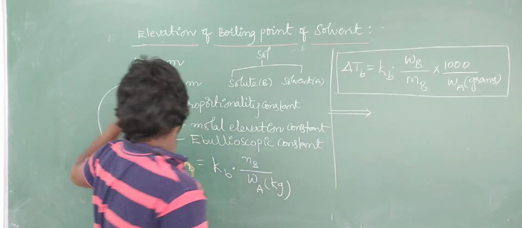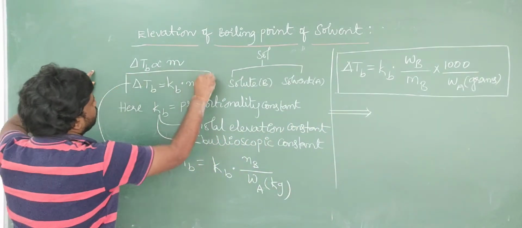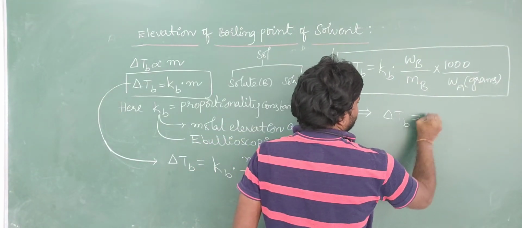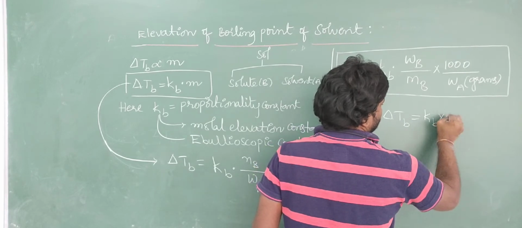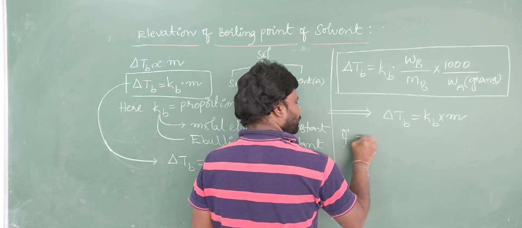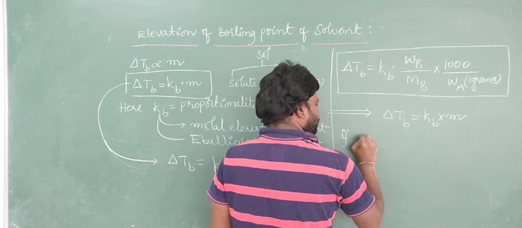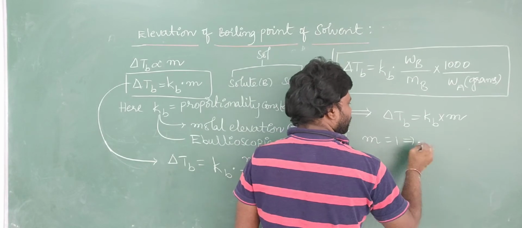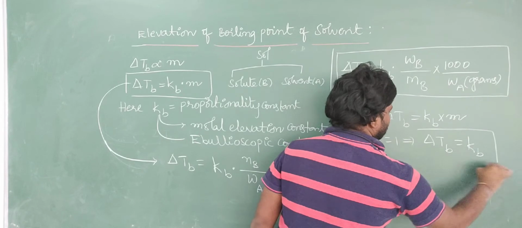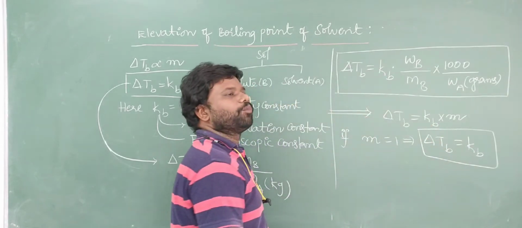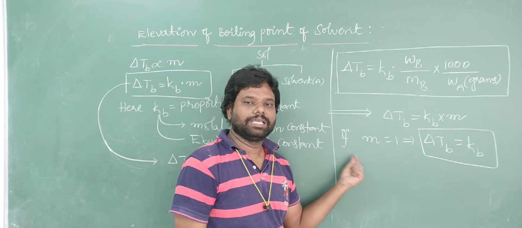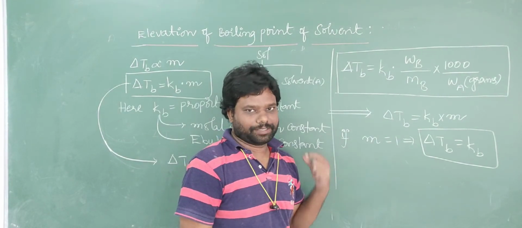Now I am taking this equation. Delta TB is equal to Kb into molality. If m is equal to 1, then delta TB is equal to Kb. That means the elevation in boiling point of a 1 molal solution is called the ebullioscopic constant.